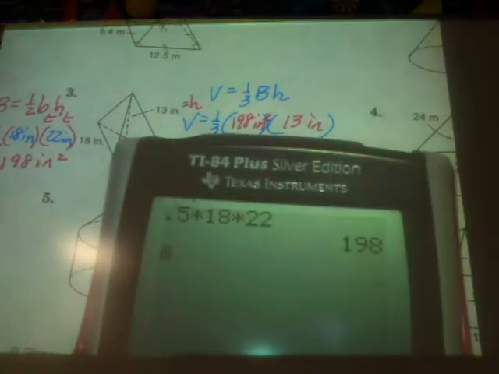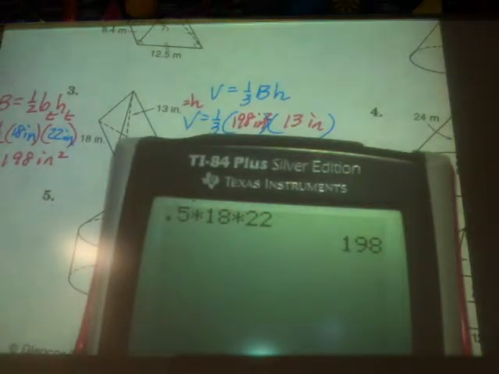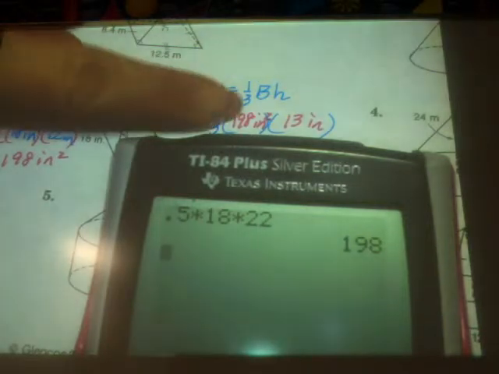So on my handy dandy calculator, I'm not going to use, here's the problem. What do you think people might use as a decimal equivalency for 1/3? 0.3 or 0.33? Don't ever do that. Is that accurate? No. So what you're going to have to do if you're going to use your calculator is multiply the 198 to the 13.